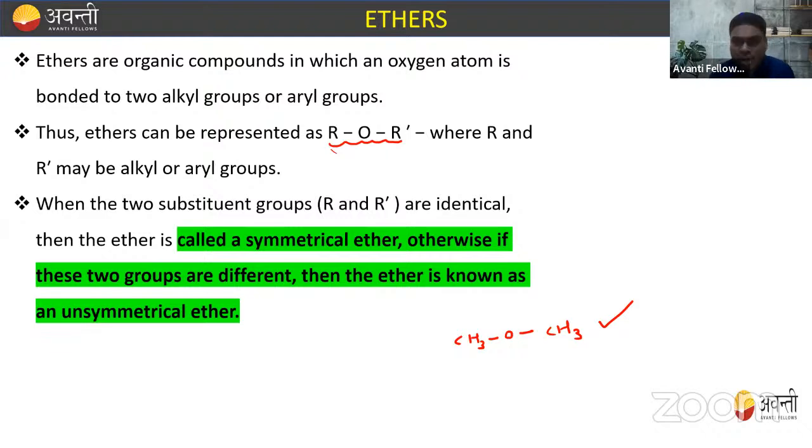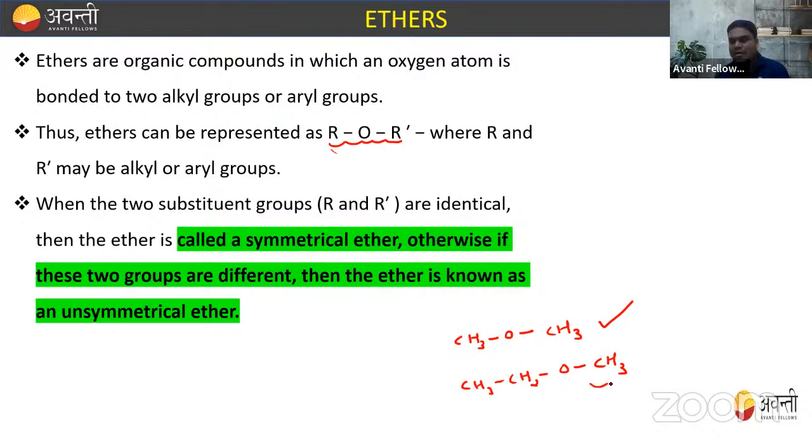This is named methoxymethane. Later we are going to do naming as well. On either side of O, both alkyl groups are the same, containing one carbon. Now, if I take CH3CH2OCH3, this is an example of asymmetrical ether.